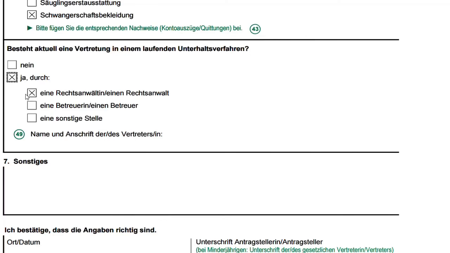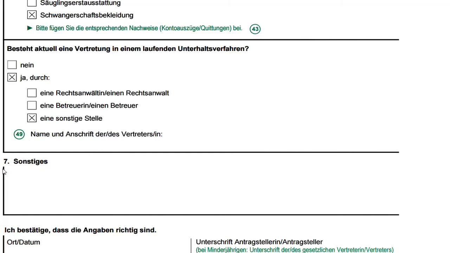And if she is being represented by a supervisor or a Betreuer, you mark here with a cross and here remain crossed. And if she is being represented by another office or organization, you mark here with a cross. And here you write the name and the address of the person or office which represents her.